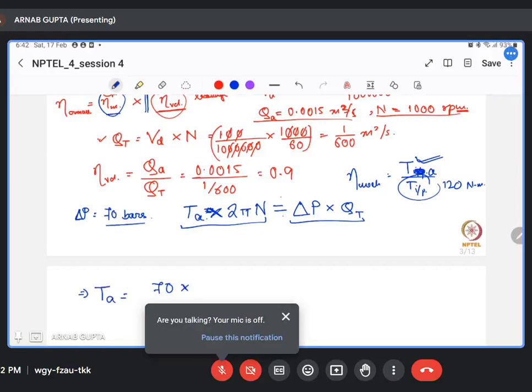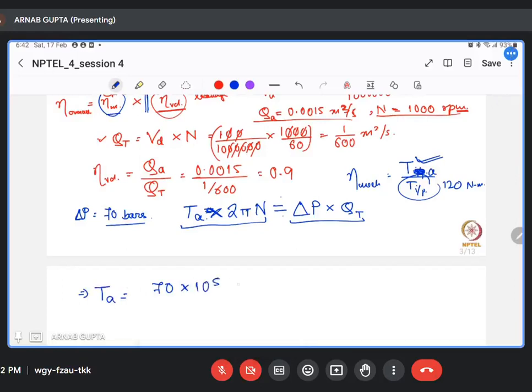If we convert it into pascals, it will be 10 to the power 5 multiplied by QT. The value of QT is again 1 by 600, already in SI, divided by 2 pi multiplied by N. N is 1000 revolutions per minute. You need to convert it into seconds. Since 1 by 600 is in seconds, so by 60, this will be 1000. So what will be the value of TA, or the actual torque?